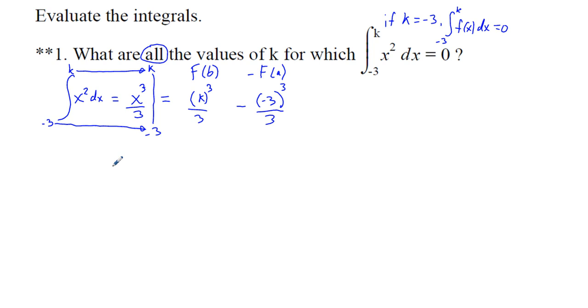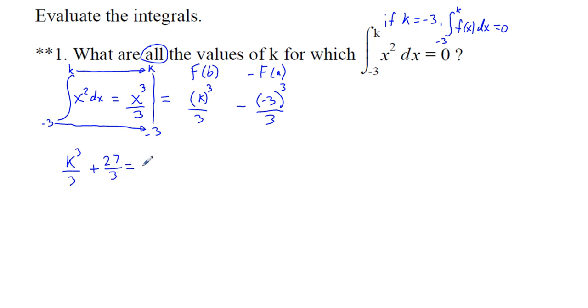That'll be our integral. Now we're going to find where this integral is equal to 0. So working below here, we have k cubed over 3 minus, well, we have negative 3 cubed is negative 27 times a negative, so negative times a negative, so we have plus 27 thirds.